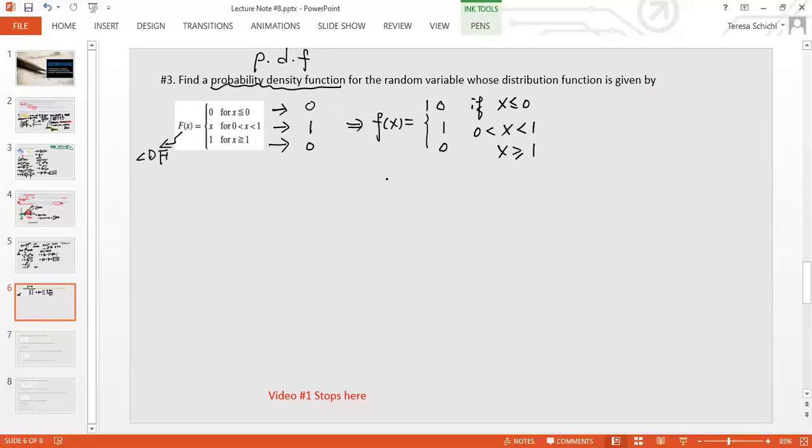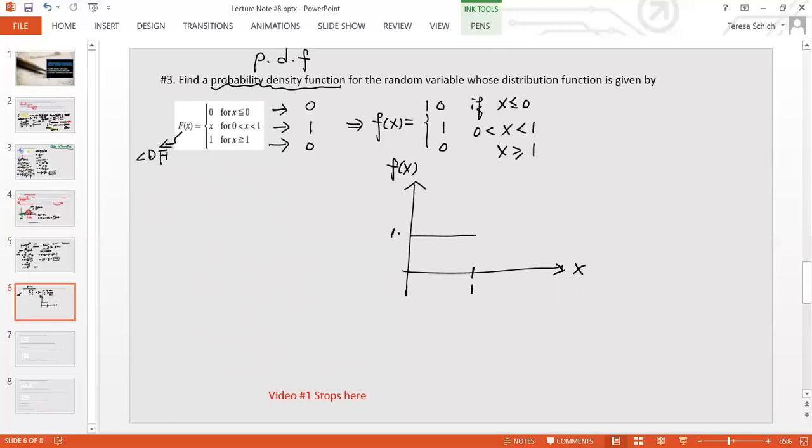Okay, so now let's take a look at the graph for f(x). It's here, lowercase f(x) is here, and this is x. These are the values of f(x). This is 0, and when x is from 0 to 1, it's 1.